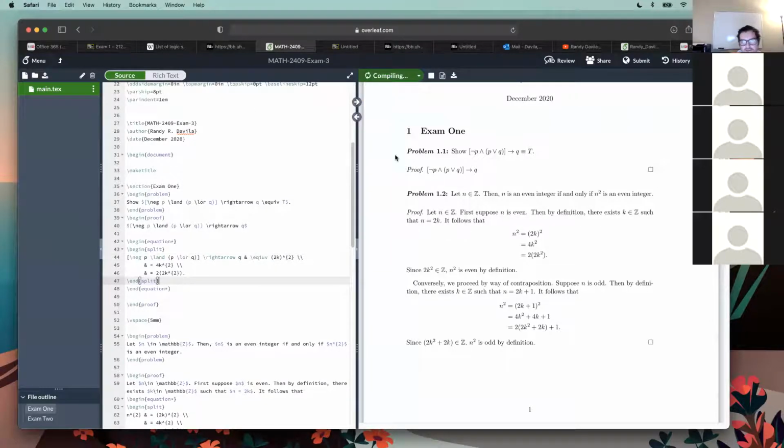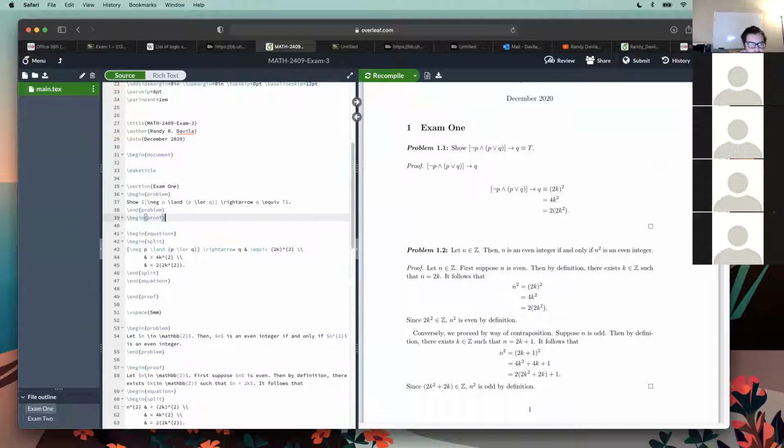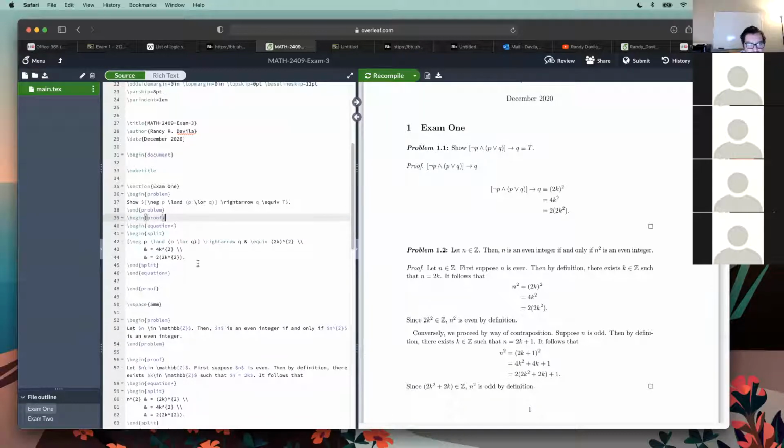Just compile that and see what that looks like. Oh, I just got these mixed up. Okay, so now I can just get rid of this up here.